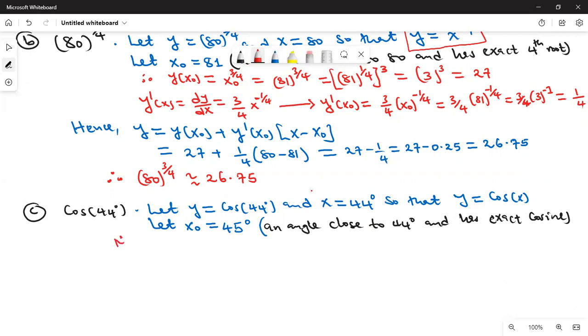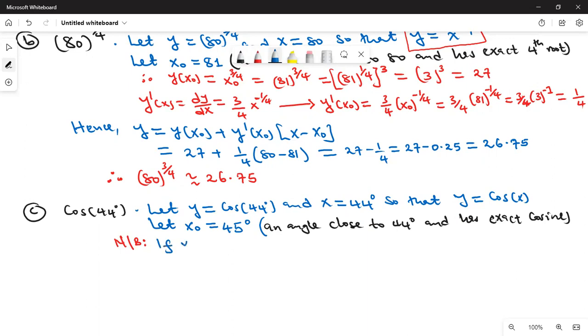Take note that when dealing with angles, or simply if your function is trigonometric, then it is better to convert the angles to radian.